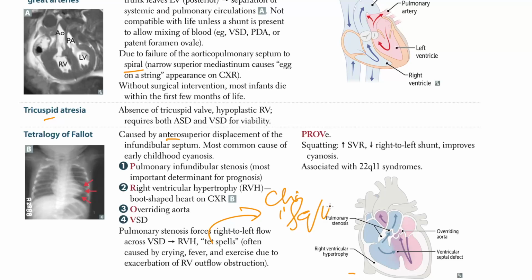Child would squat. Basically squatting means when your knees are touching your chest and you're just sitting down. When the child goes into the squatting position, it improves the patient's cyanosis.